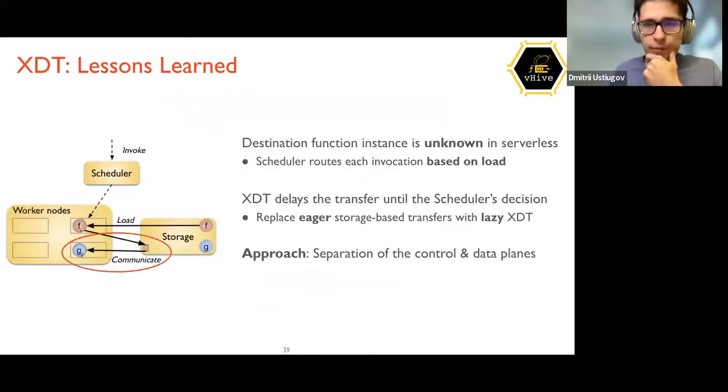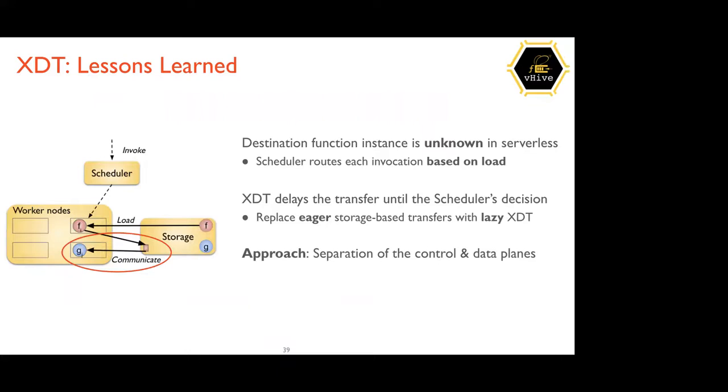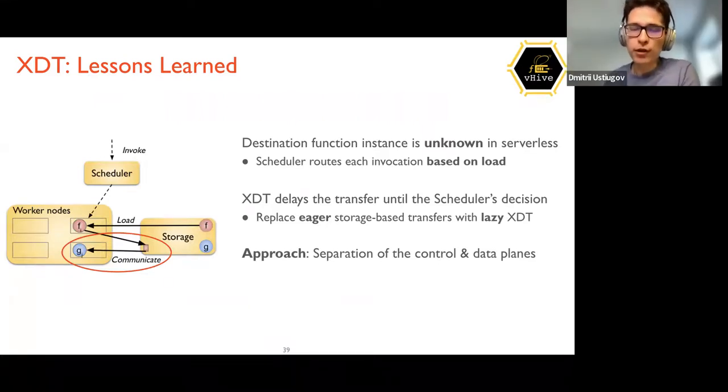So to recap the system design lessons here, the key reason modern serverless systems require functions to communicate through external storage is that it is the scheduler that makes decisions for the destination of the transfer. XDT delays the actual transfer until that decision, effectively replacing eager storage-based transfers with lazy transfer, but through a high bandwidth, low latency fabric.